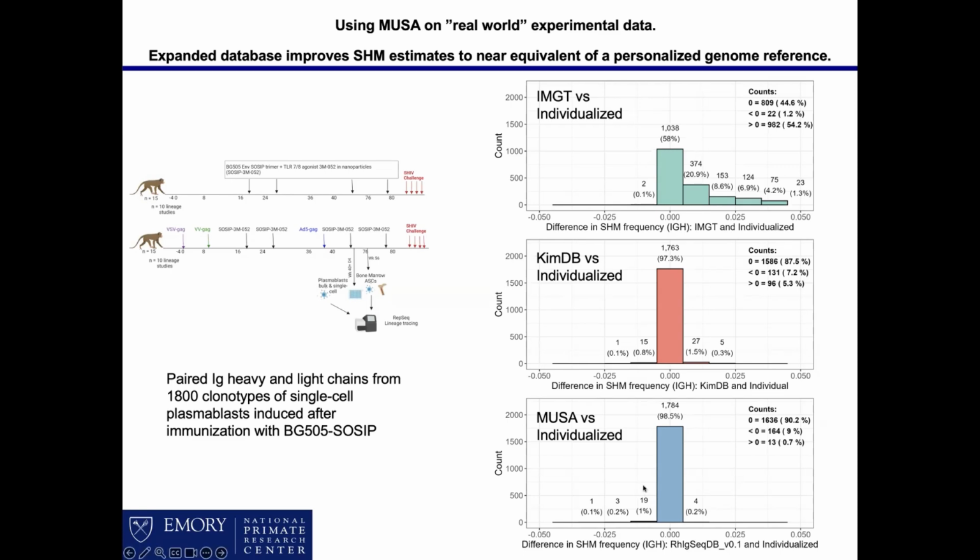Then we compared how many sequence differences we were seeing, that is, what the somatic hypermutation rate is and how that increases compared to the individualized database. We saw a large increase when you compared to IMGT, because it's lacking a lot of these alleles, but less so with these. Does that answer your question?